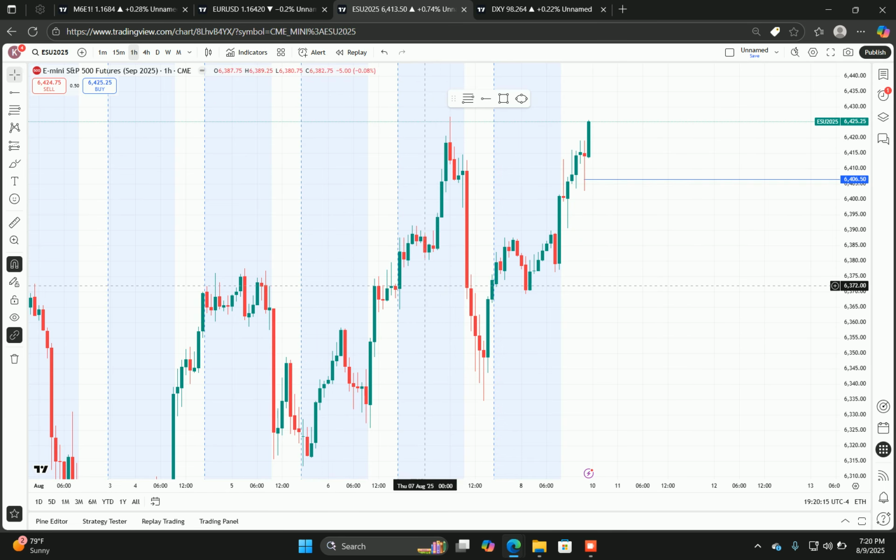So this is Thursday, 7 a.m. This is what was happening at 7 a.m. We just started to make a swing high. So this price action right up here, swing high, basically the market just barely started to turn around. So higher prices on the dollar means lower prices on the indexes.